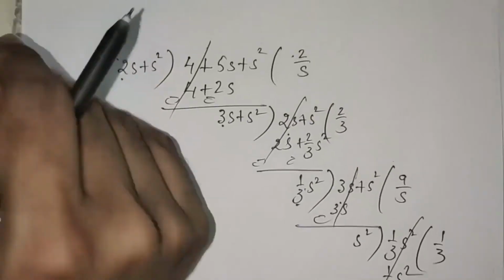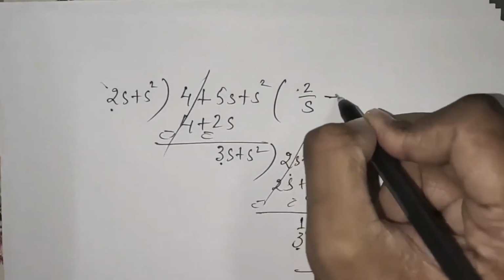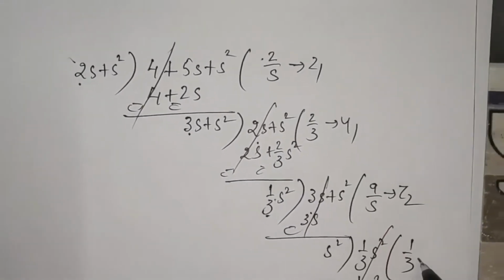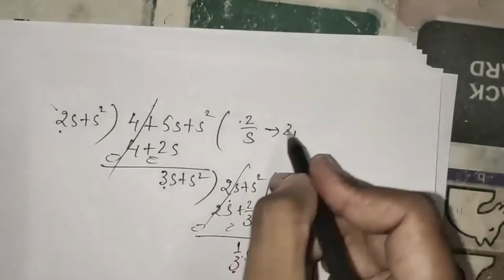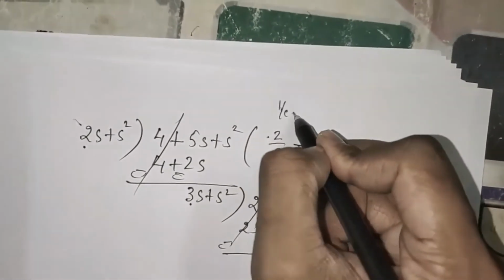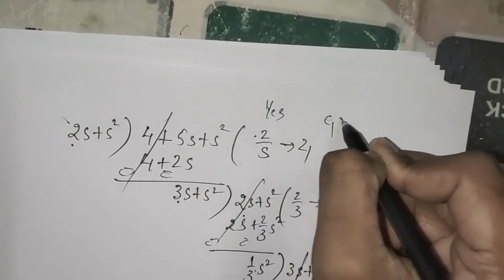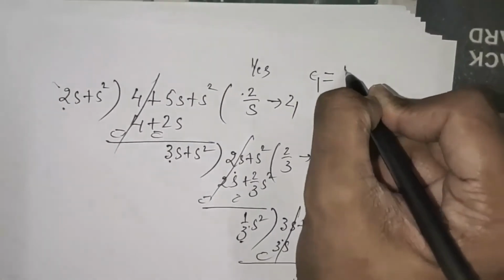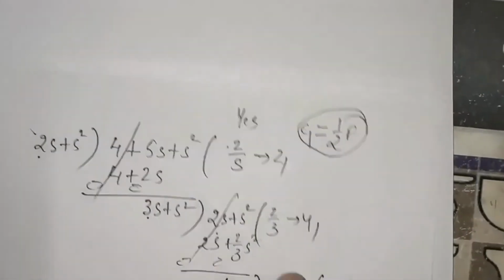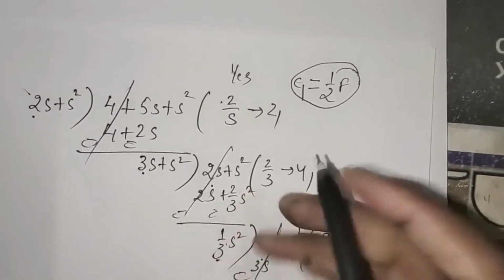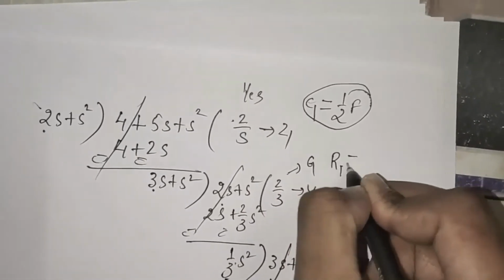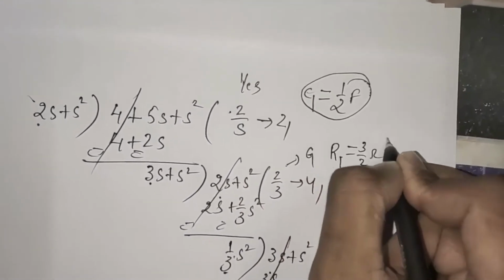So this is done in impedance. So this is Z1, Y1, Z2, Y2. Z1 is in the form of 1 by Cs, so the first element is a capacitor of value 1 by 2 farads. Admittance is a constant, so this indicates G. So R1 value will be 3 by 2 ohms.